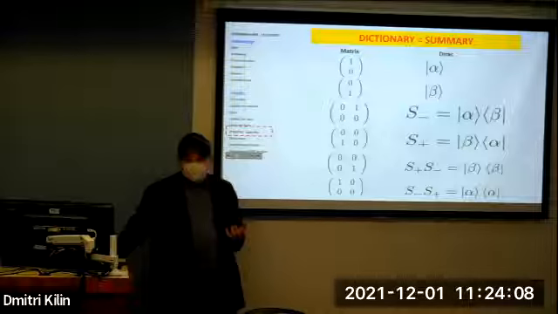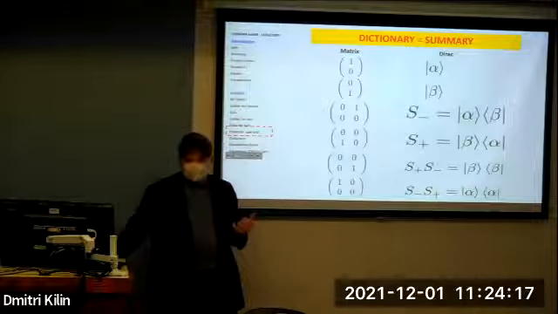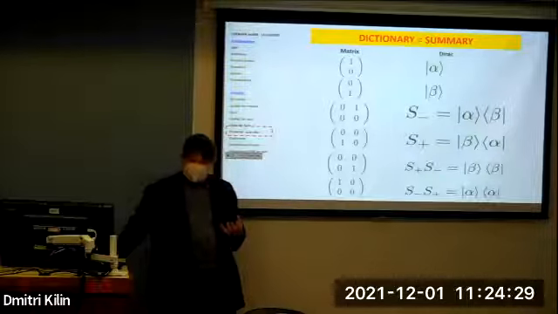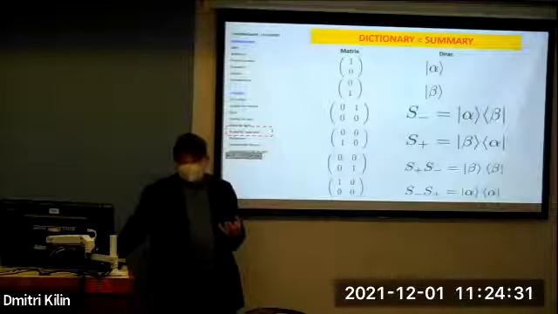And I will be very happy if by the end of today's lecture we arrive at the slide which is a summary of the most basic operators and basis functions for a spin system, shown here.